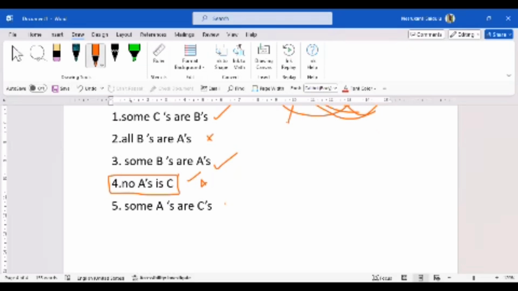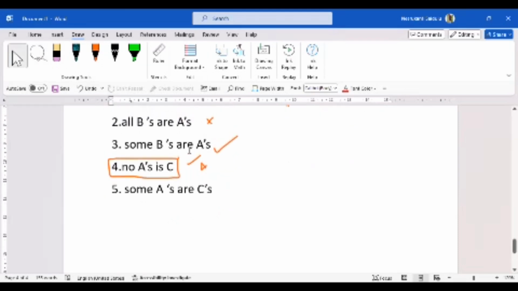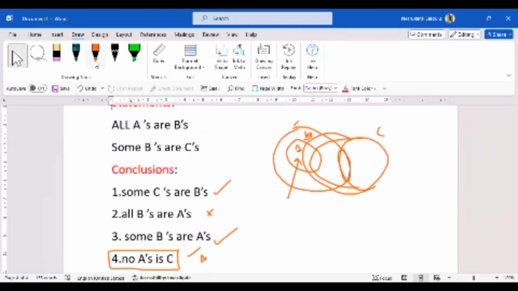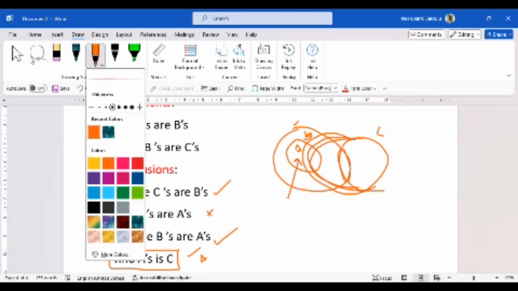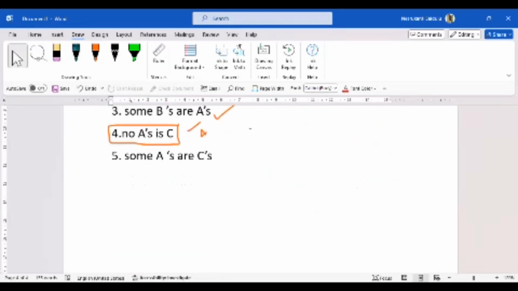The fifth one, some A's are C's. There is no connection between the A and C. So there is a possibility that some A's are C's, but I am not 100% sure on that.